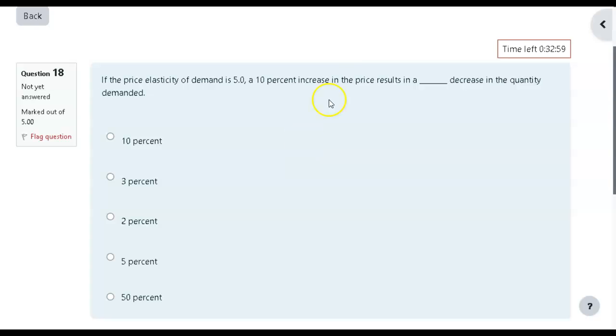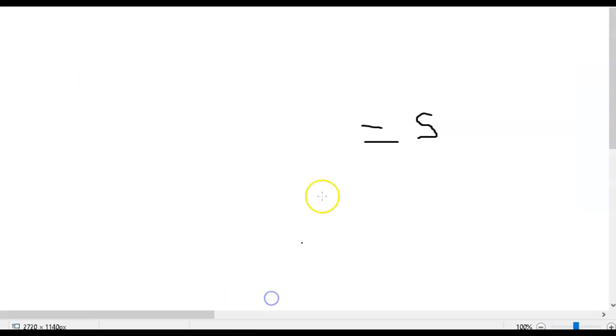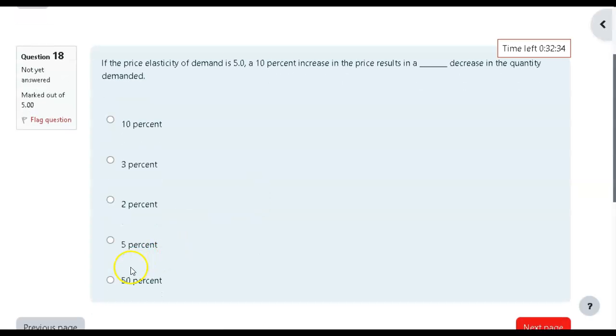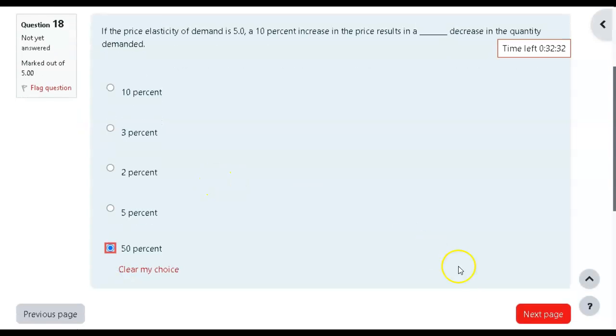We don't have the change in quantity, so that's X, over the change in price, which is 10, equals 5. So X over 10 is equal to 5. To get X, X is equal to 10 times 5, which is 50. So therefore X is equal to 50. Let's see, we got an answer. Yes, perfect, 50%. So that's the answer.